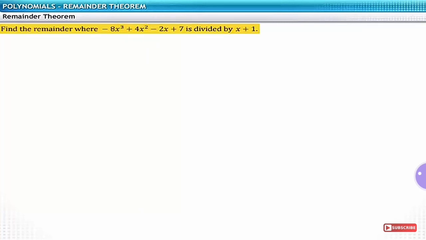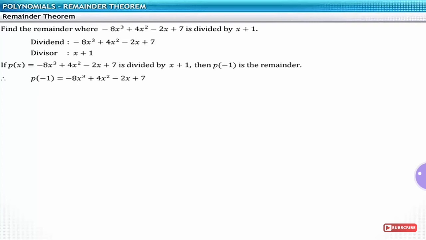According to the guidelines provided, if P of x is a polynomial in x and P of x is divided by x plus a, the remainder is P of minus a, so the remainder is P of minus 1. If you replace x with minus 1 in the polynomial P of x, you get the remainder is equal to 21.